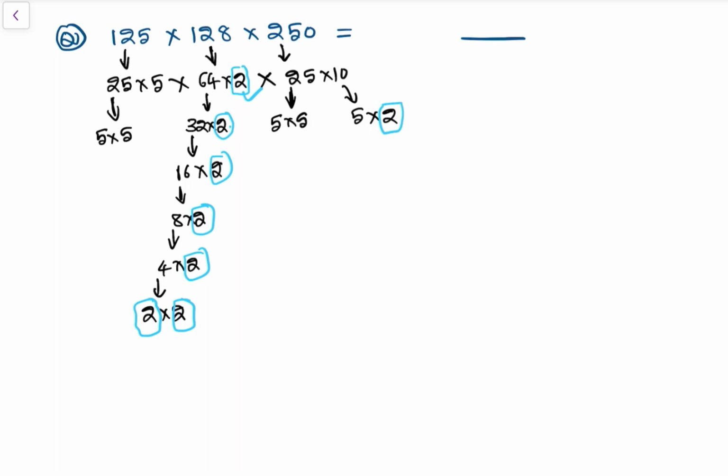So 1 2 3 4 5 6 7 and 8. So 2 to the power 8 into, now count number of 5s. Number of 5s is 1, 2 and 3. Then 4, 5 and 6. ठीक है. So into 5 to the power 6.